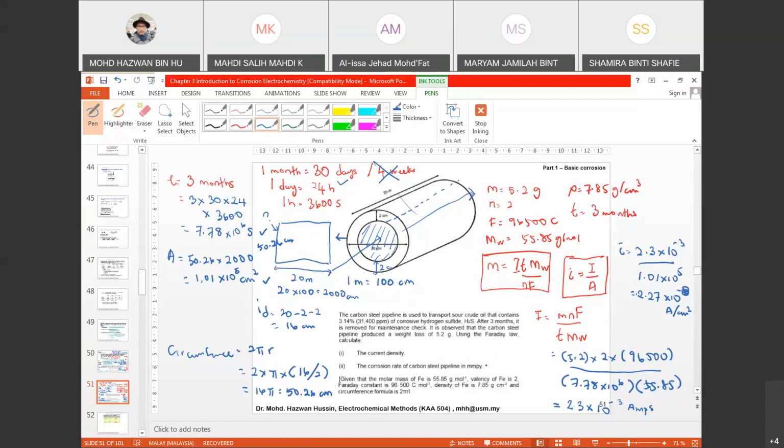So how about the last one? Corrosion rate of the carbon steel in mmpy. You can use this formula, either one of it.